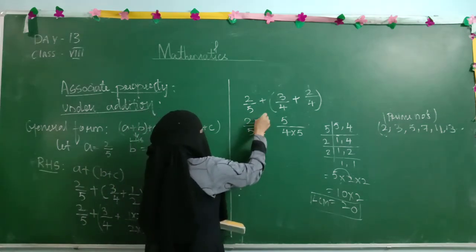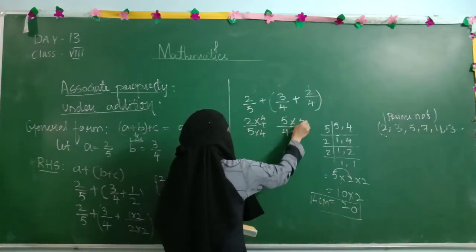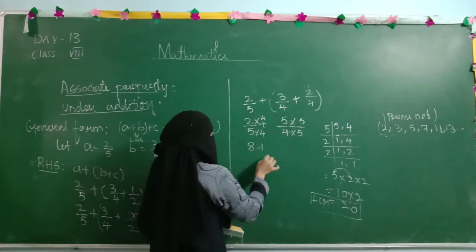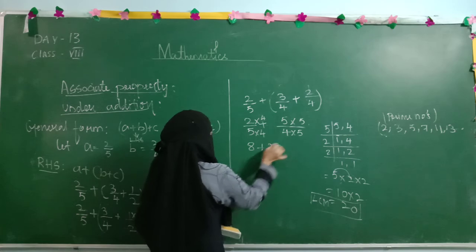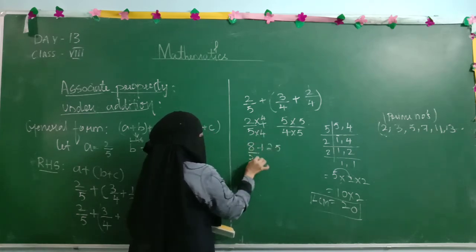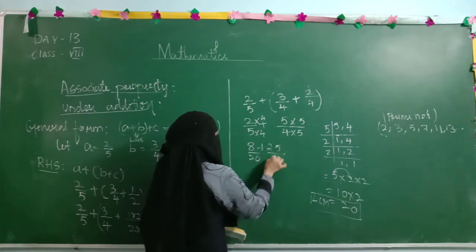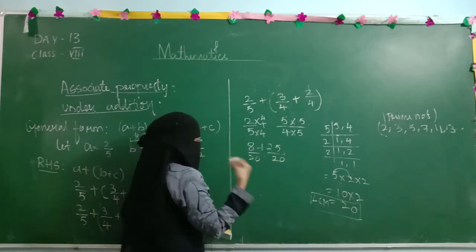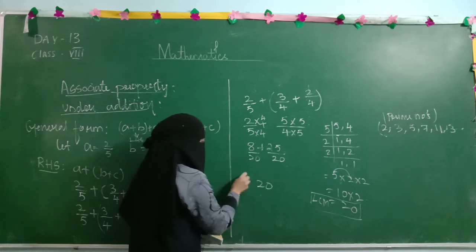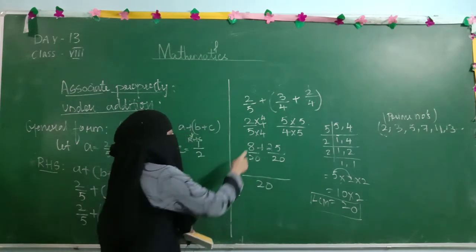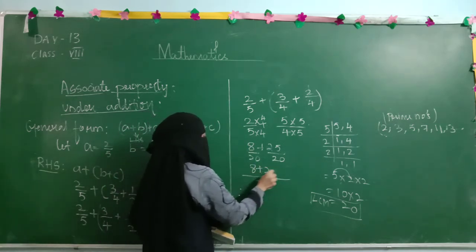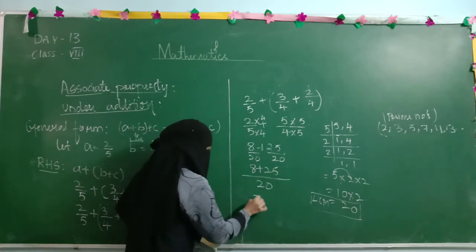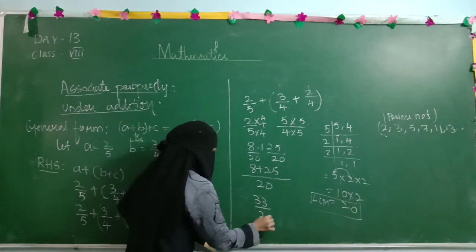So in the numerator also 4 times 2 is 8, plus 5 times 5 is 25, by 20. As the denominator is repeating, even if it repeats 1000 times we should write it only one time, that is 20. Then we have to add the numerators, 8 plus 25. How much is it? Yes, it is 33 by 20.